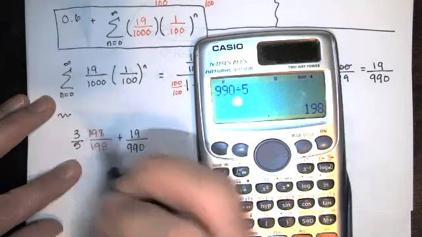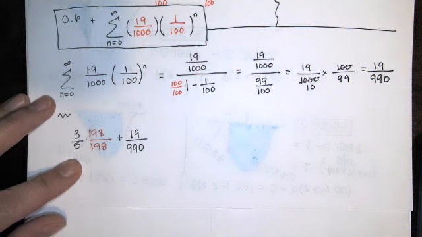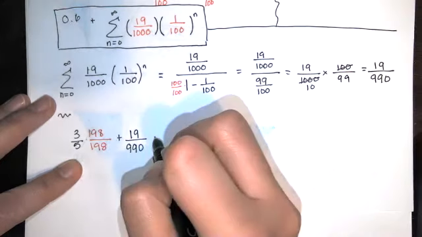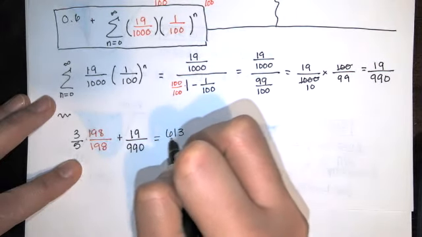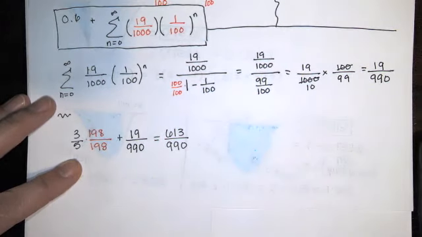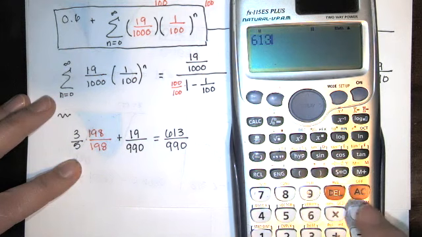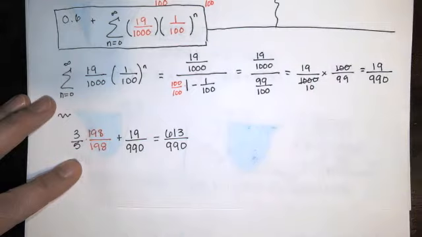So I'll multiply this fraction by 198 over 198. So we have 198 times 3 plus 19 in our numerator, and the denominators are the same. They're both 990. Let's see if that simplifies in my calculator. I've got 613 divided by 990, and it doesn't seem to simplify. So I think that's it.